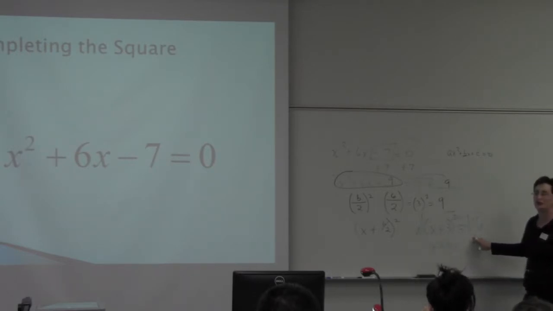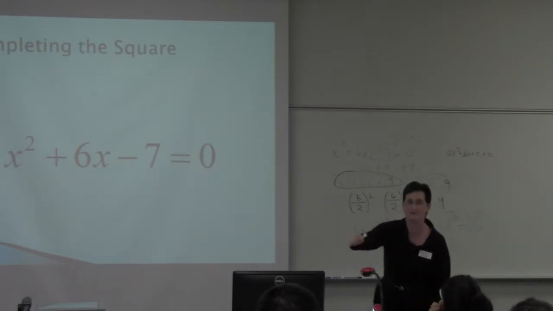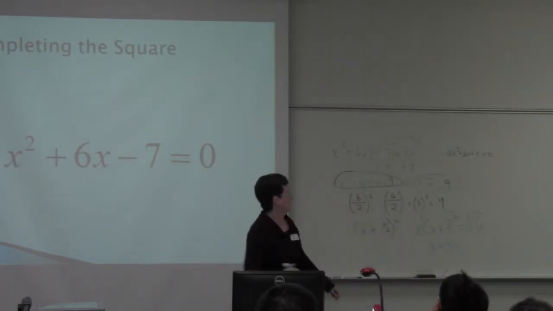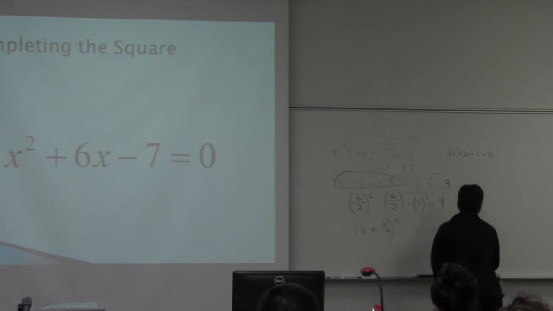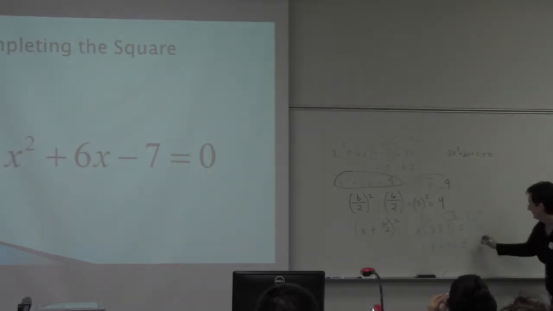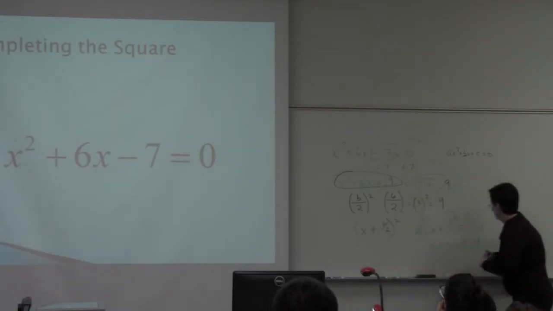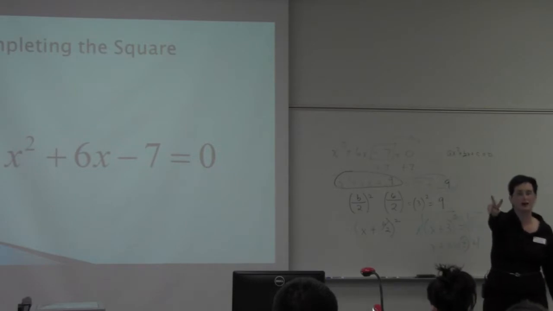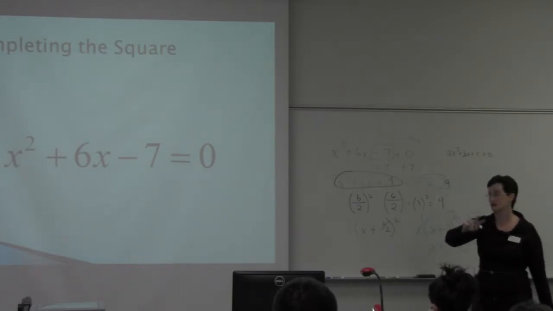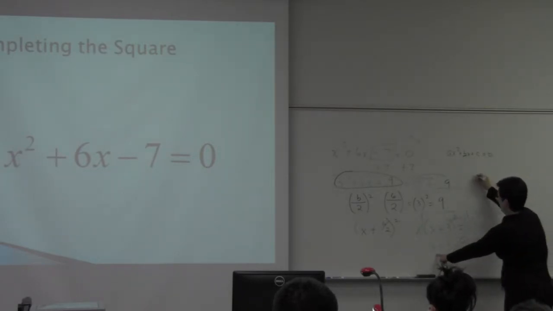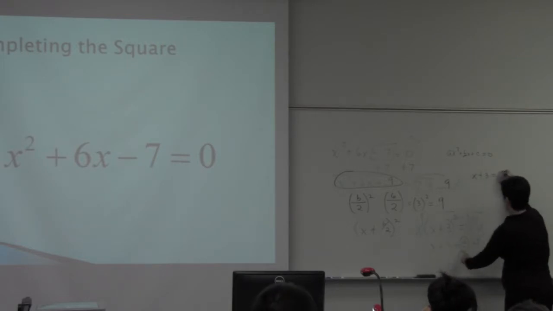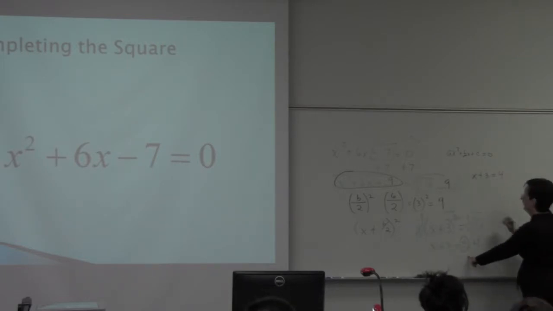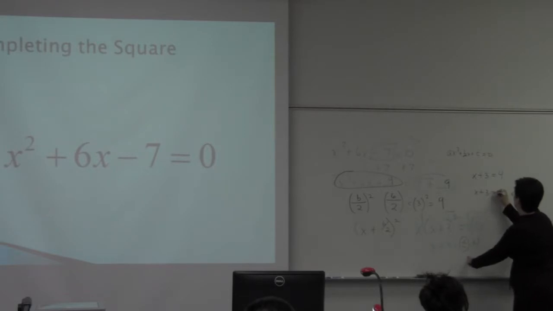Equals. And when you do the square root method, you are not going to forget to say plus or minus. The square root of 16 is 4. All right, so very importantly here, what does plus or minus mean? There are 2 equations. So we write it down. X plus 3 is positive 4, and x plus 3 is negative 4.